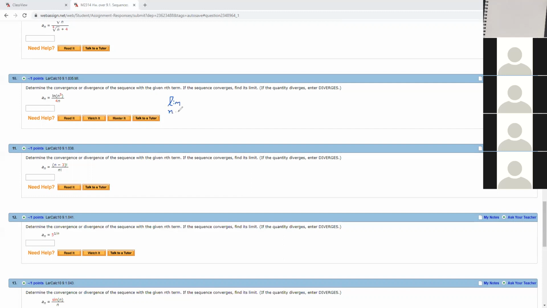So I hope we all understand that. We could graph it like we were just doing, or we could just bypass all that and take the limit and see, do we get a single finite number, which is a converging type, or is it one of the 3 diverging types?